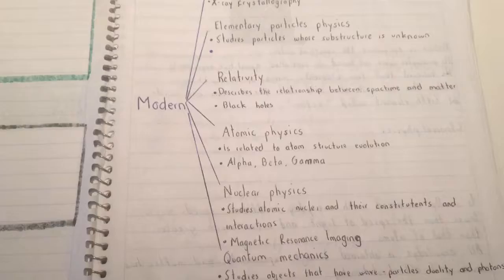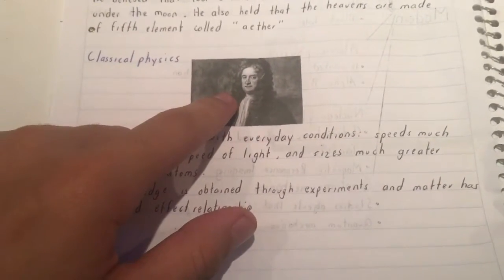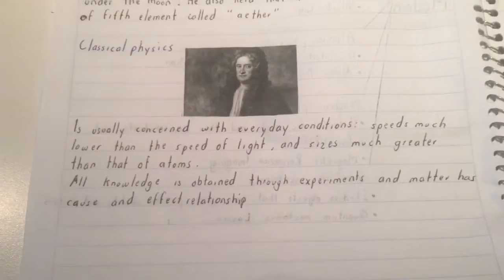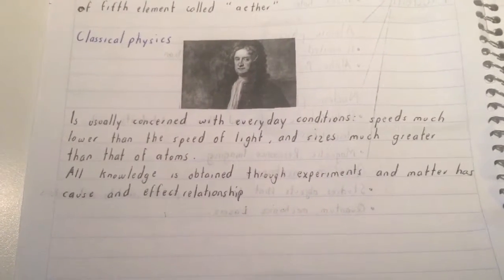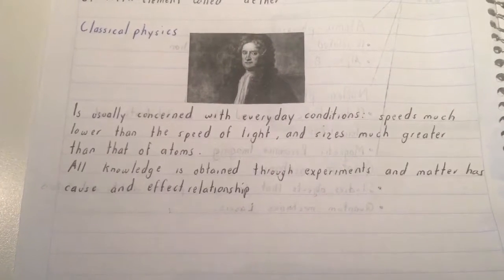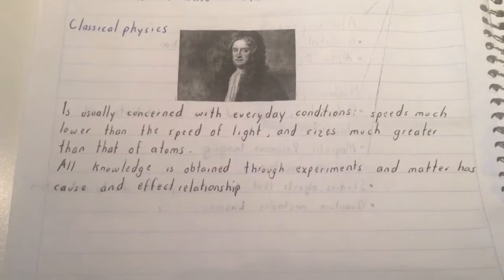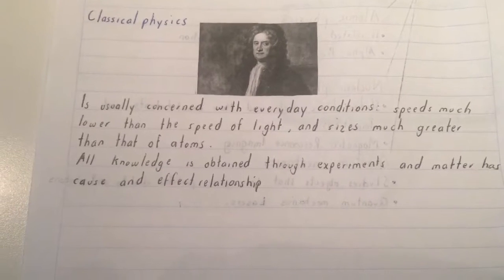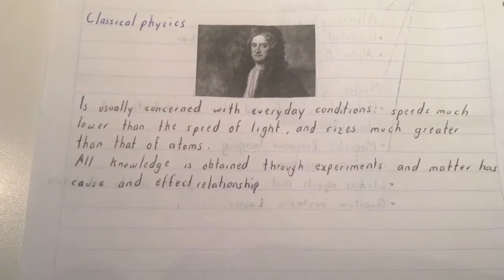And all of this is modern physics. Here we have Newton, representing classical physics. It is usually concerned with everyday conditions, like speeds much lower than the speed of light and sizes much greater than the size of atoms.